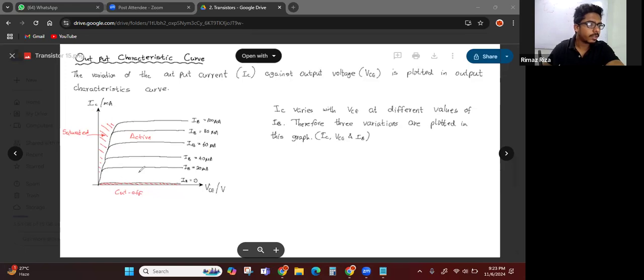Now, for example, let's say IB is 20 microampere, and if VCE is very small, I'll draw this graph and explain with that.